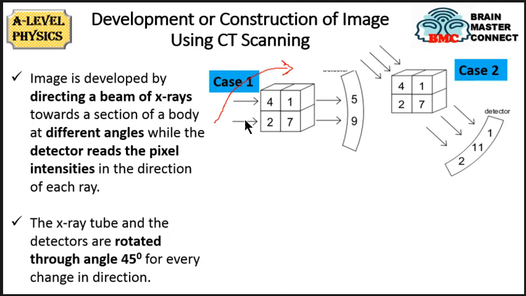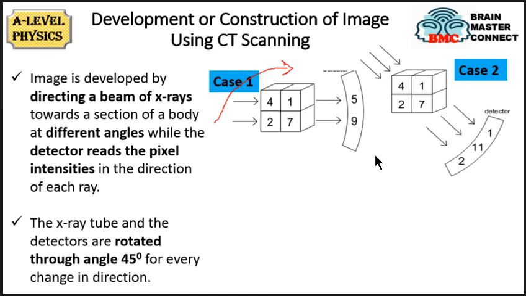Now you can see the x-ray beam is no longer here, but rather here. The reason is because this is feeding this, and this at the 4 and 7, while this is feeding 7.